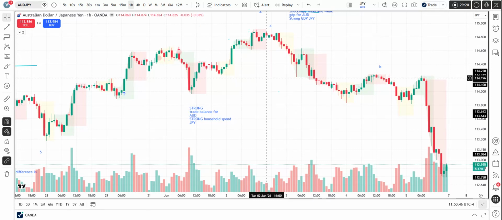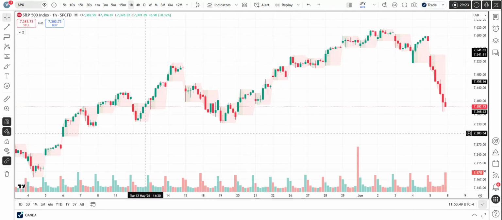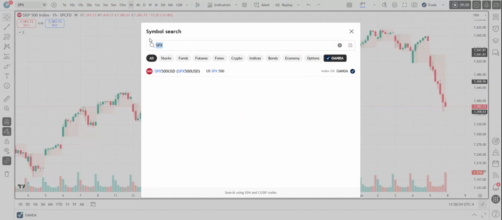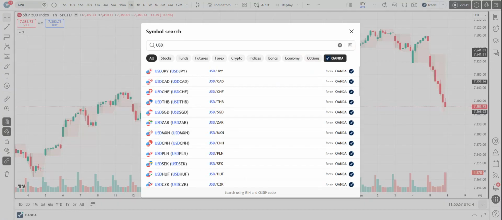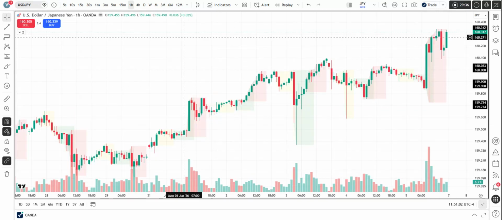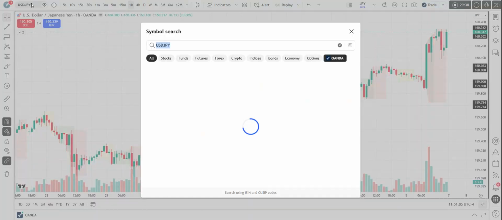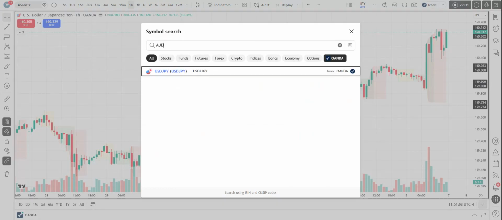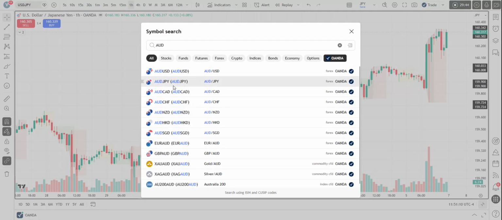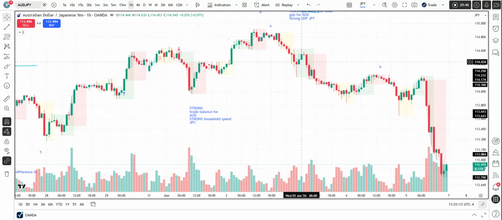So if I was trading this, I would just take it to around in here or right here because I know it's coming, but I didn't want to sit and wait.